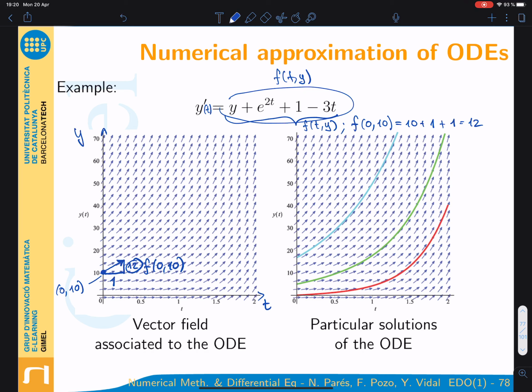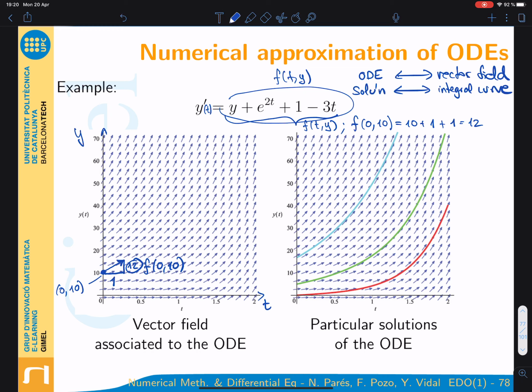And what we know is that given an ODE, we have a vector field that's known, but we also know that a solution of this ODE is an integral curve.